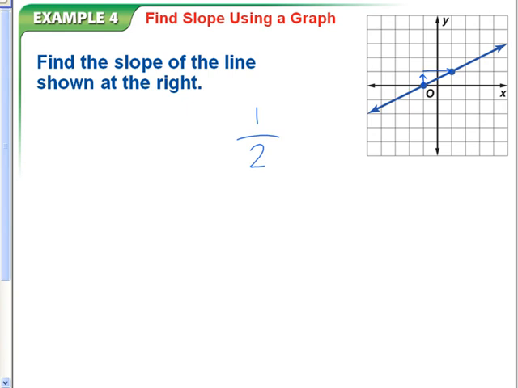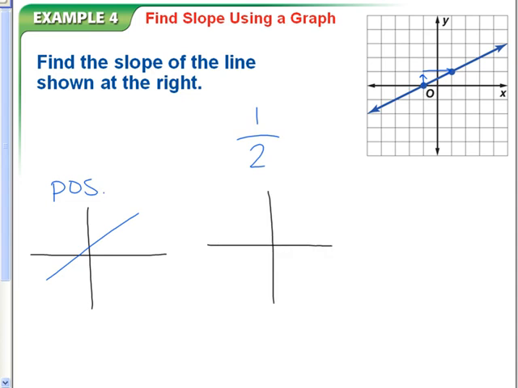Now it is always important to check if the slope is positive or negative. If this is something that you get mixed up on, it would be a good idea to draw this. Here's an example of a positive slope. And here is an example of a negative slope. In this case, it is a positive 1/2.